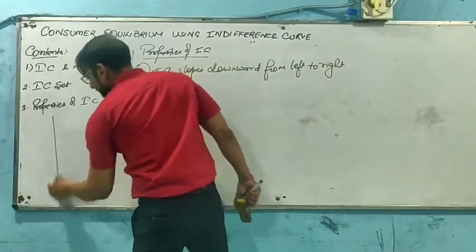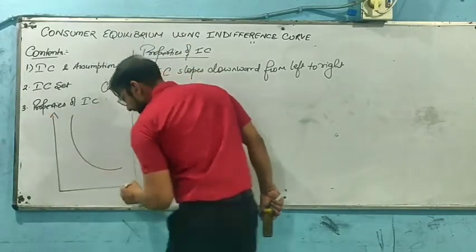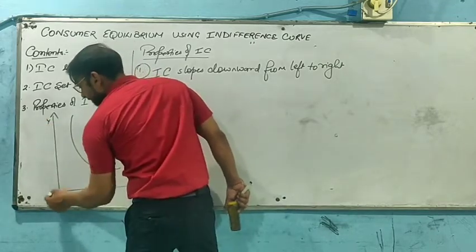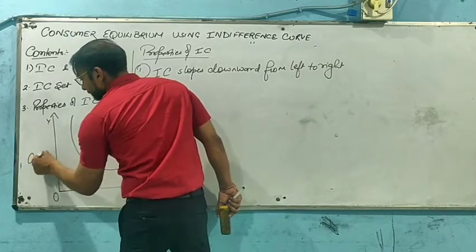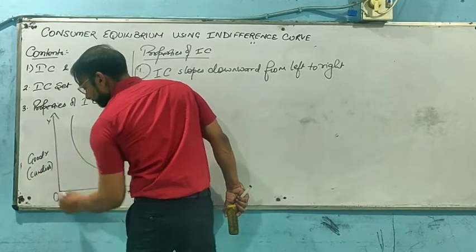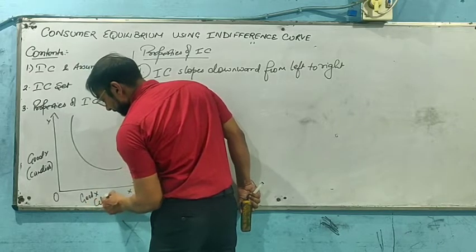It means if we produce an indifference curve like this, then it is good as say chocolates.